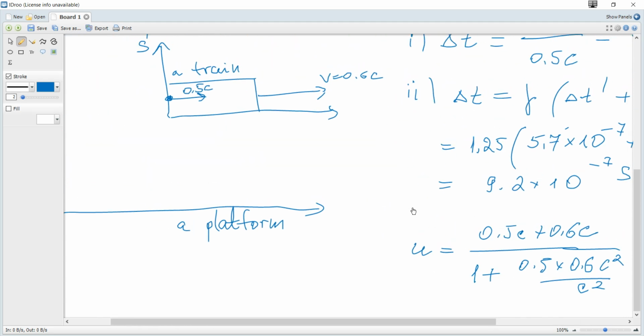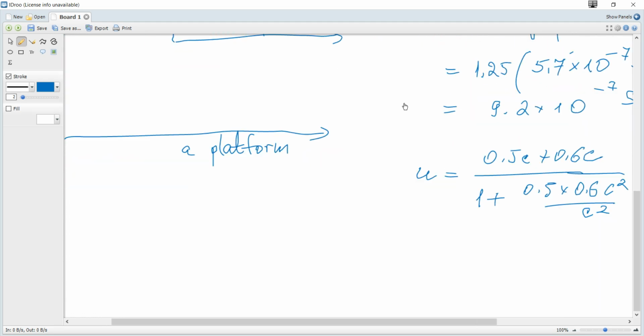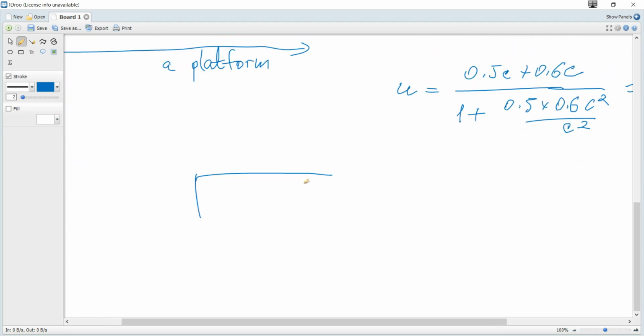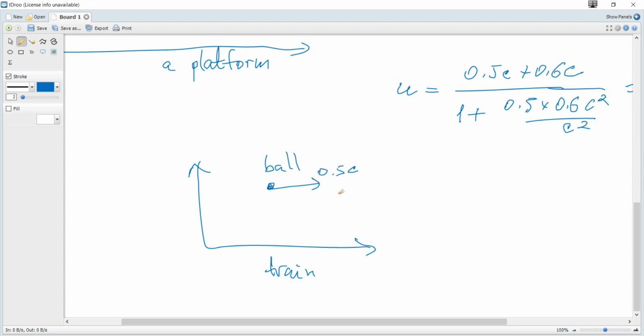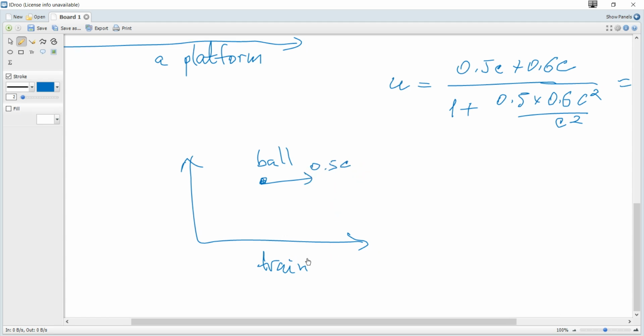And now let's consider a train as the stationary reference frame and a ball as the moving reference frame. So it's 0.5 c, the train is stationary.